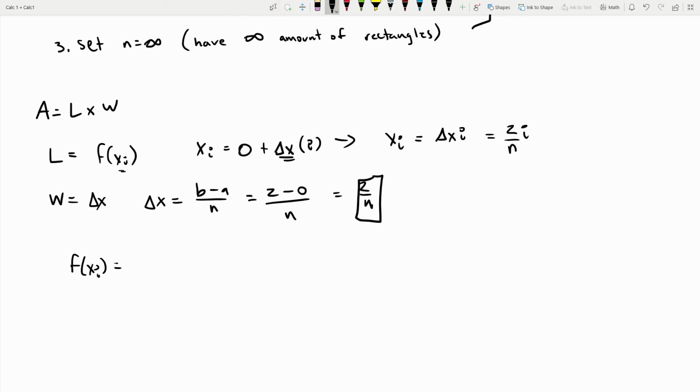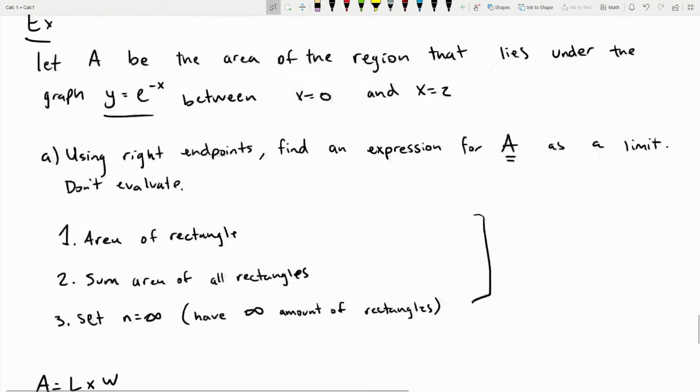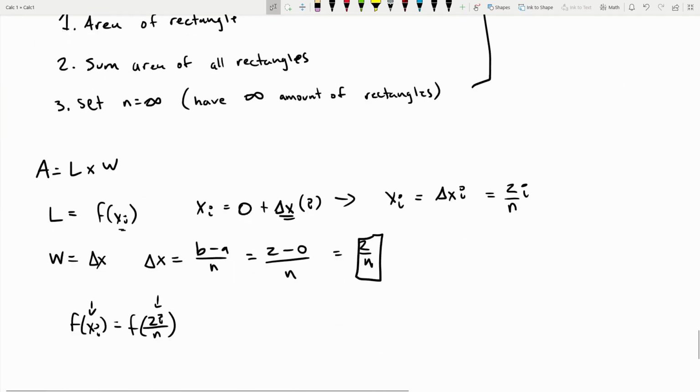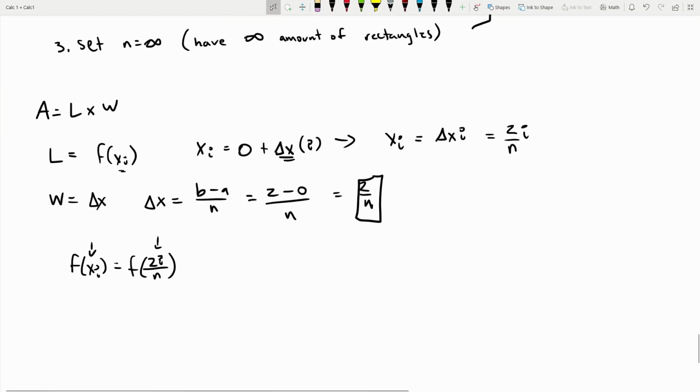Well, f at xi is basically taking xi and plugging it in to the input. We want to take the input and just plug it in for wherever x is. And the function is y equals e to the negative x. So all we're going to do is say that this is equal to e to the power of negative 2i over n.